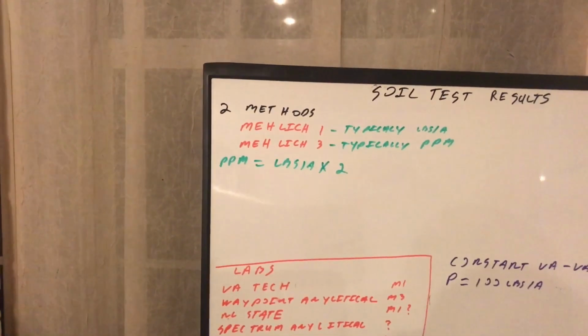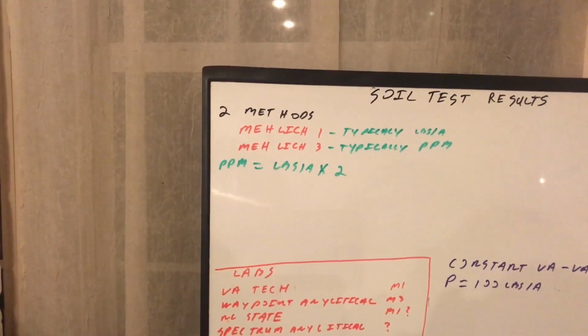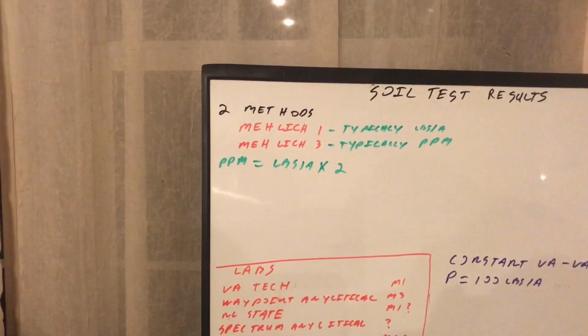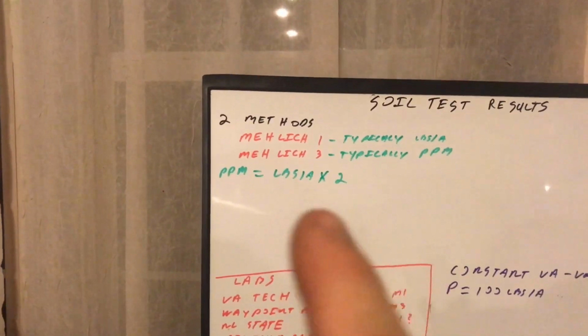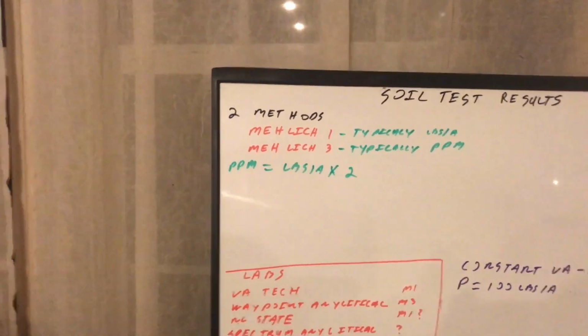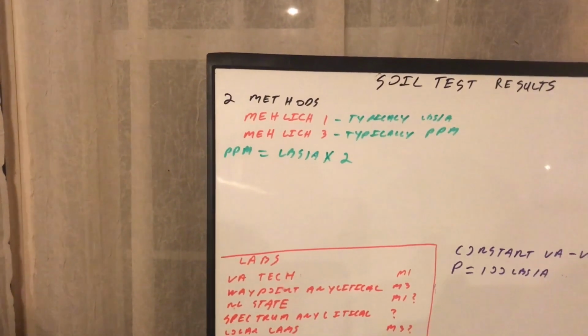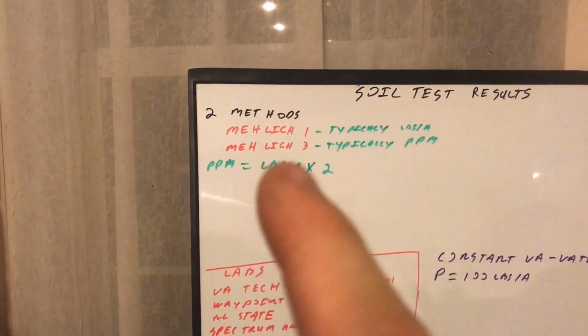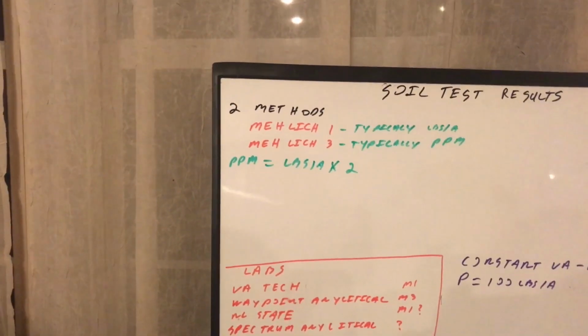Now, you can convert pounds to parts per million by multiplying: it's pounds times 2. If you're trying to convert ppm back to pounds, then it's ppm divided by 2.